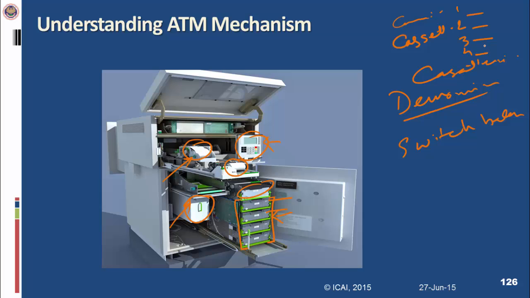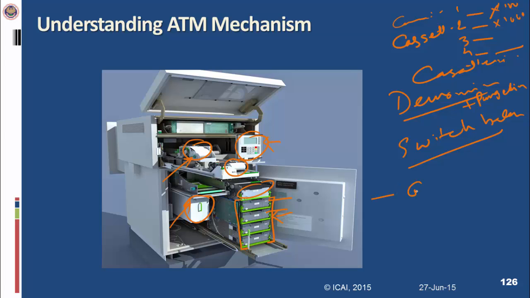That needs to be multiplied by the denomination, that is 100 rupees, 1000 rupees, 500 and so forth. The total of this plus the purge bin total should agree with the switch balance report generated from the system.